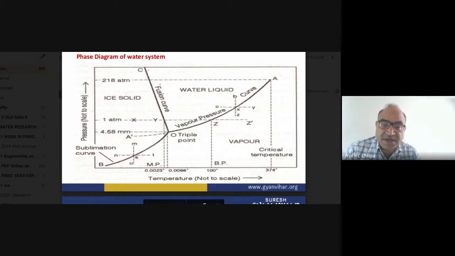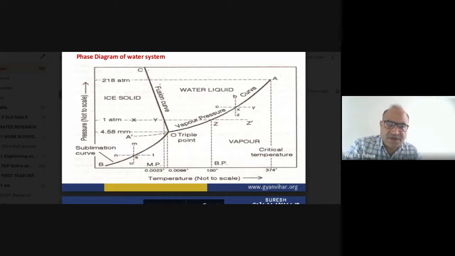The triple point of water is clearly indicated on the graph: 0.0075 degree centigrade and 4.58 millimeter of mercury. So that is the triple point.